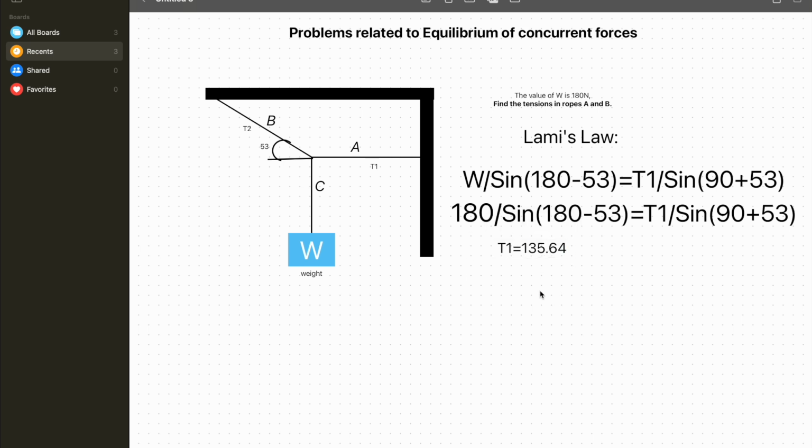So we got the T1. Now we want to have the T2 as well. To get the T2, a similar approach we have to take.